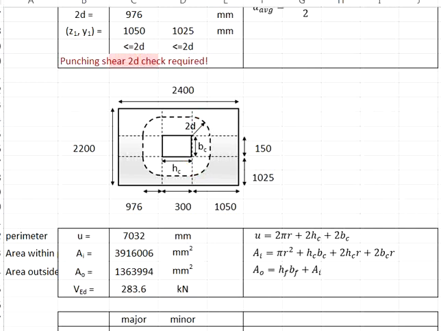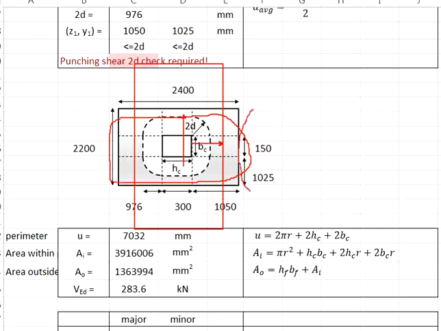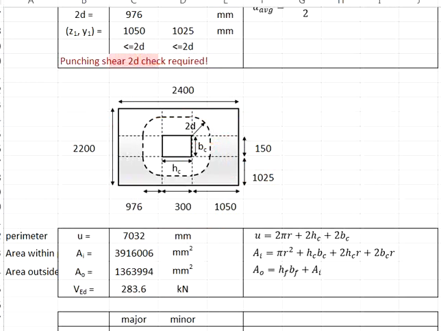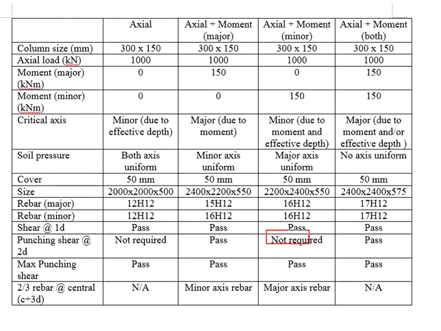As a result, the pad footing most likely will be rectangular in the direction of the moment, resulting in a shorter width from the column face here. There is a high chance that the perimeter goes outside of the pad footing. When the 2D perimeter goes outside of the pad footing, that means you don't need to check for the punching shear. This is what we observe from the calculation steps.